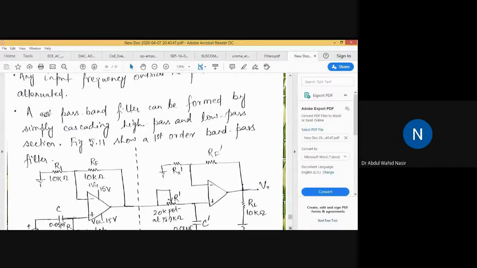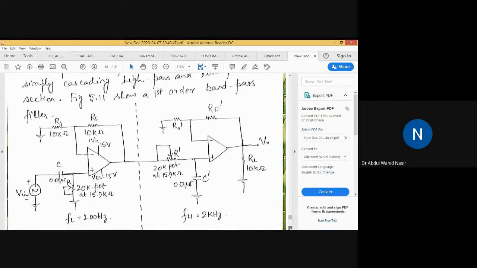So how can we obtain a band pass filter? A band pass filter can be formed by simply cascading a high pass and a low pass section. Figure 5.11 shows a first order band pass filter. Here in band pass filters we also have different orders.